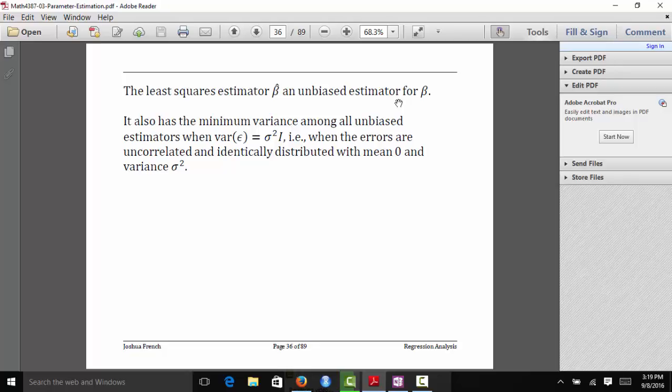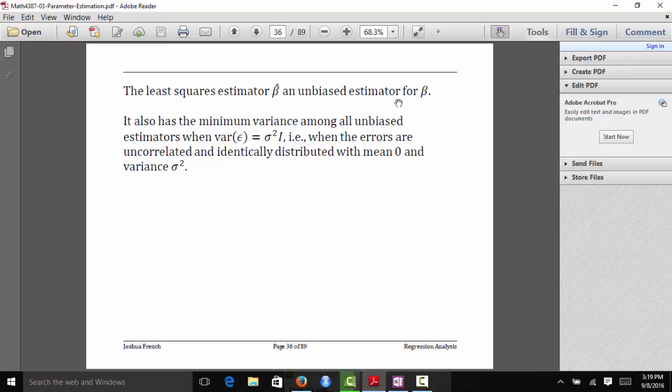And now we'll move on to some more interesting properties of the ordinary least squares estimate of beta hat. One of the main reasons that people really like the ordinary least squares estimator of beta is that it is an unbiased estimator for beta.